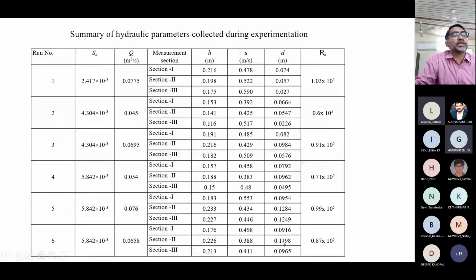You can see in this 5th run, the degradation is like this: 9.54 centimeter, 12.84, 12.4 at the 3 sections. Similarly in this section. So varying the discharge and creating different degradation conditions, and once degradation developed, the observations have been taken, but at the same sections, same locations.